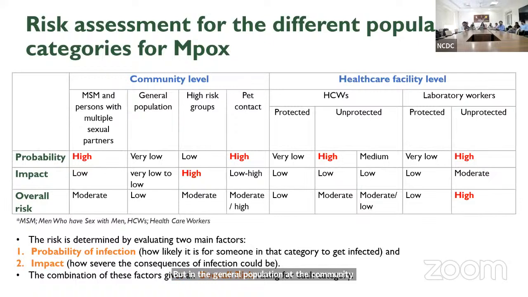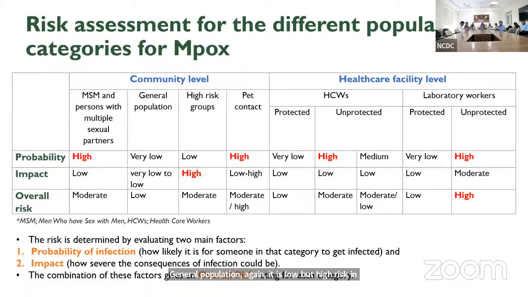But the propensity of transmission with an infected pet is very high. Overall risk is considered to be moderate in sexual partners. For the general population, again, it is low, and for the high risk group, it is moderate.